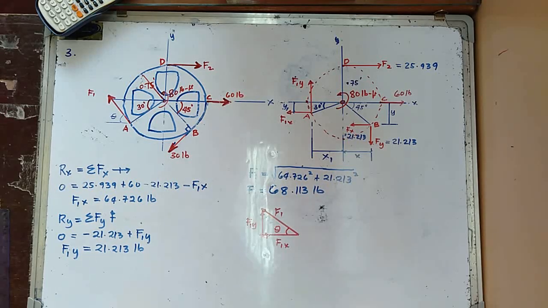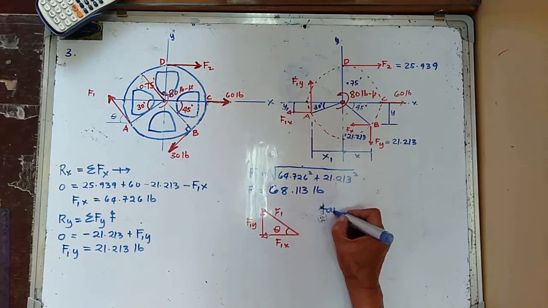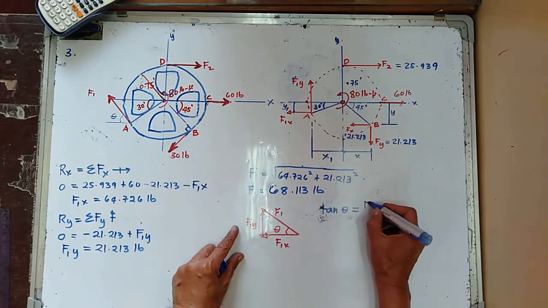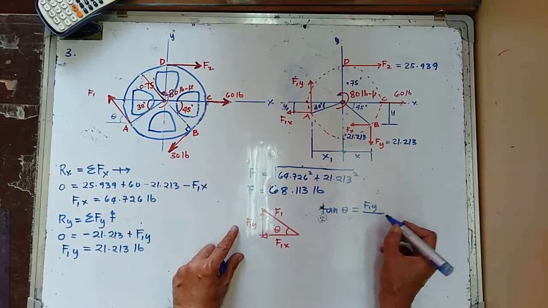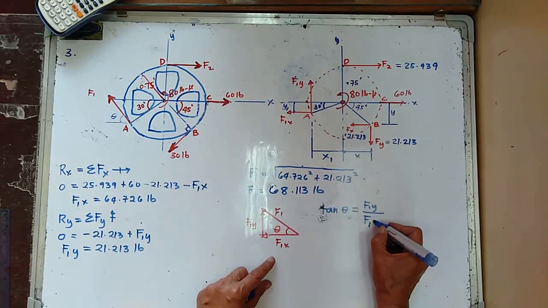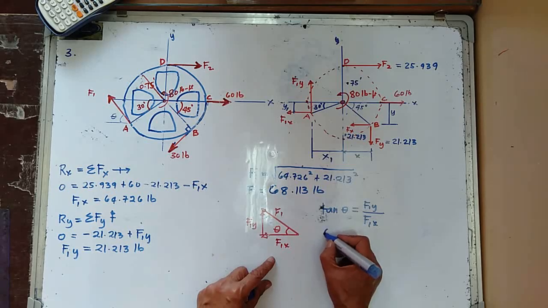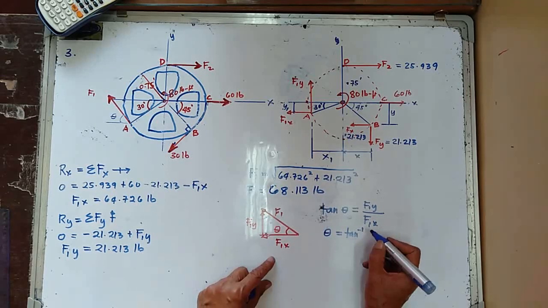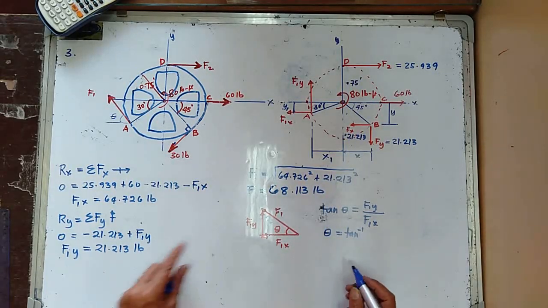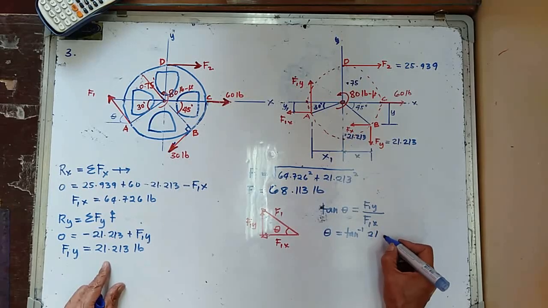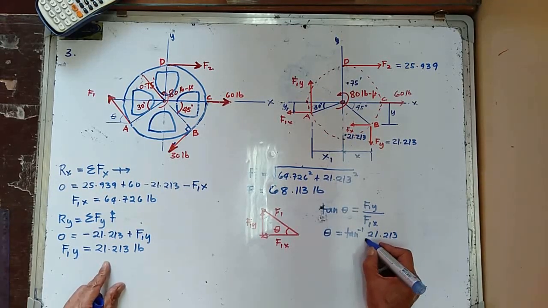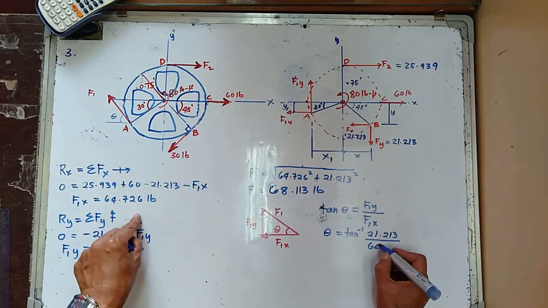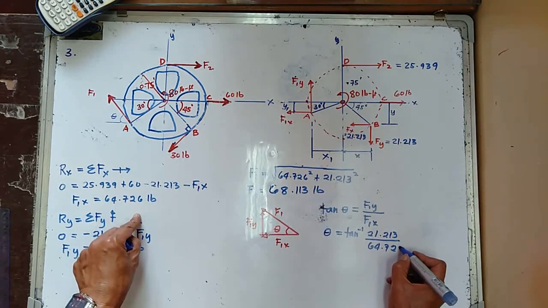So we now have the tangent of theta equal to F1y all over F1x, so theta is equal to the arctangent of F1y, which is 21.213, all over F1x, which is 64.726.